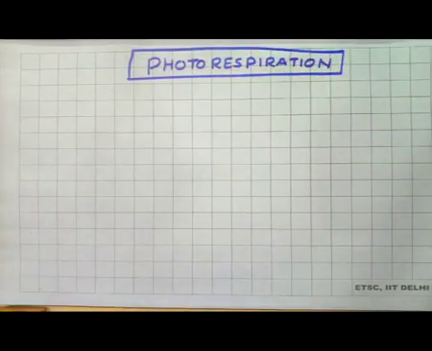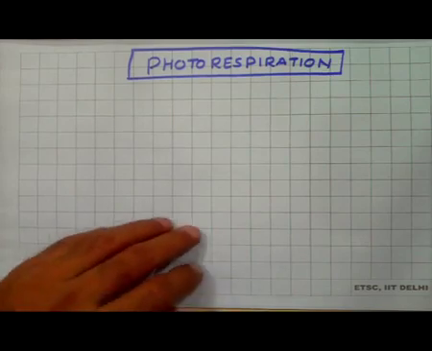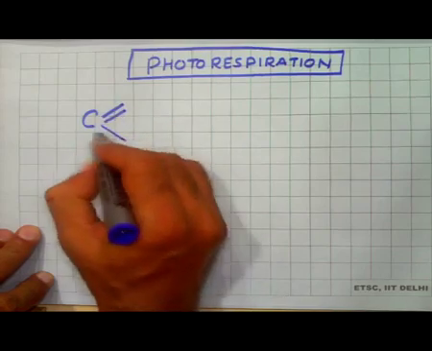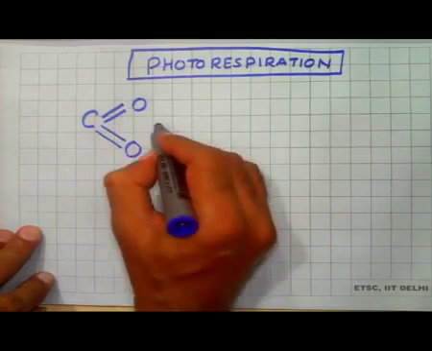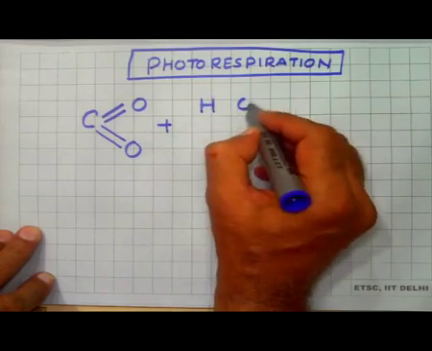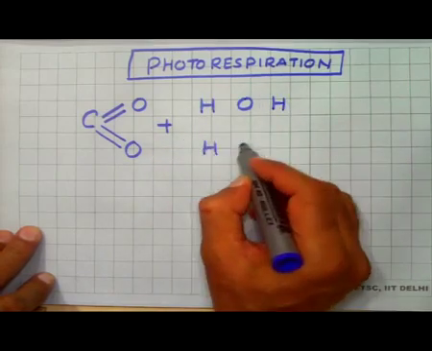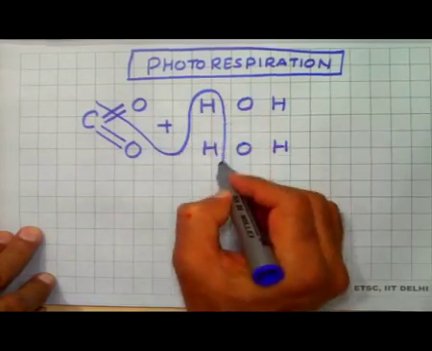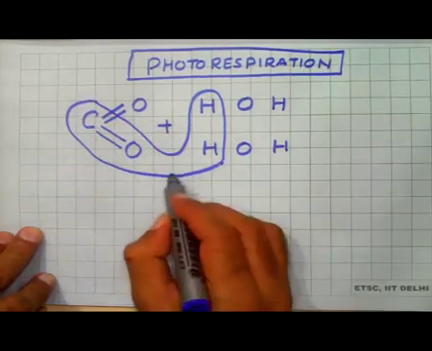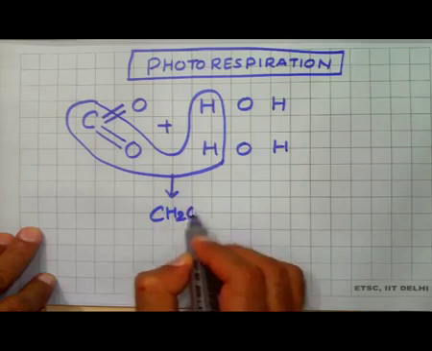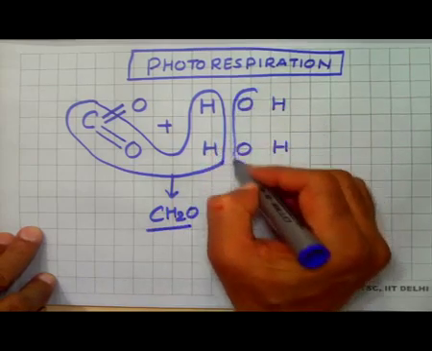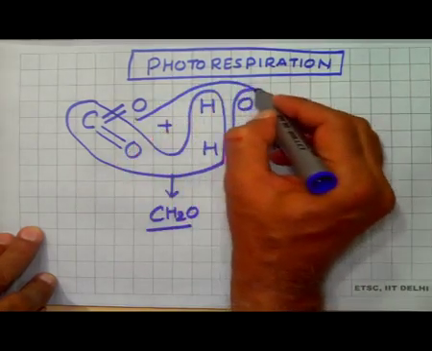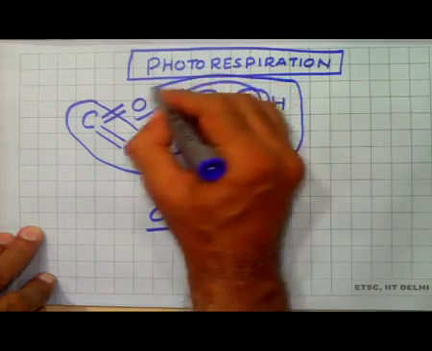As we have discussed earlier, during photosynthesis, carbon dioxide combines with water and forms CH2O, that is carbohydrate, and O2 and water.